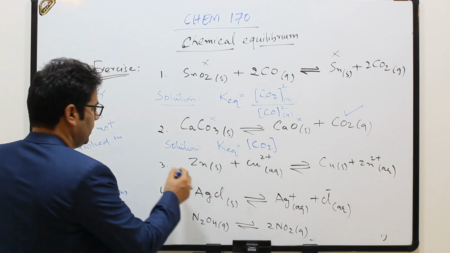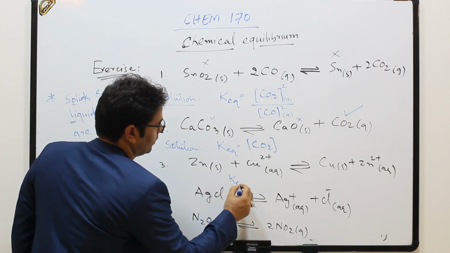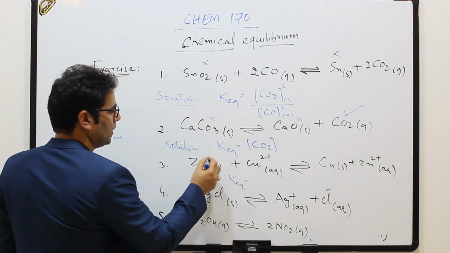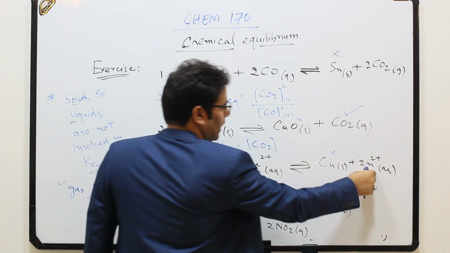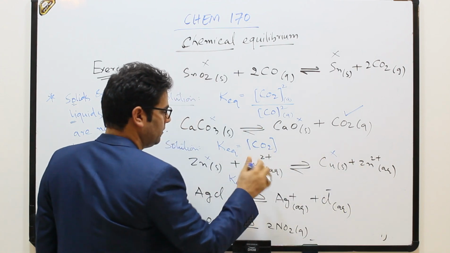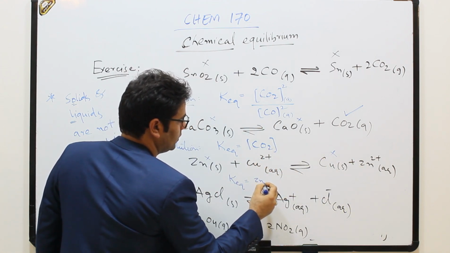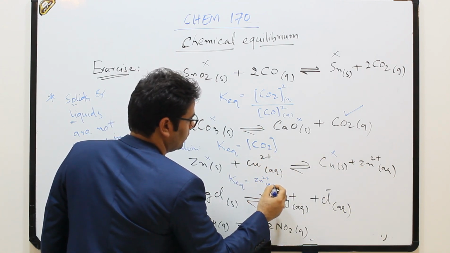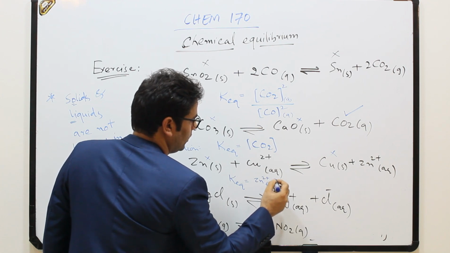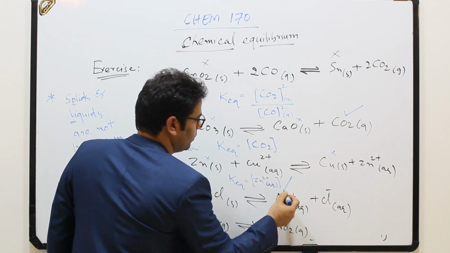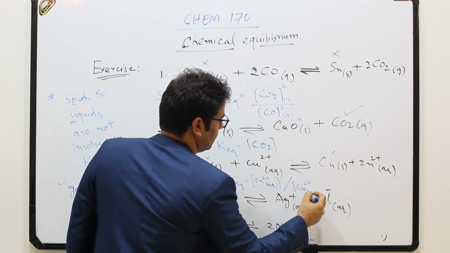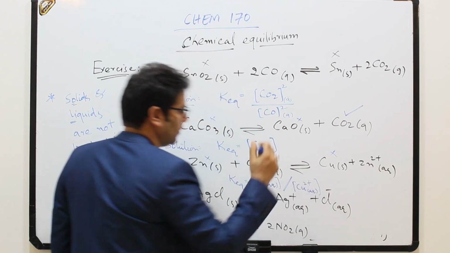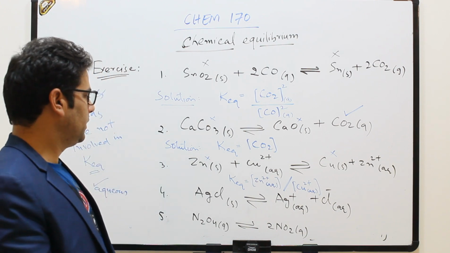Similarly, now if I solve this one, K equilibrium: this is solid, not involved, this is solid, not involved, only aqueous. So product divided by reactant. The product is zinc 2 positive, aqueous, divided by copper 2 positive, aqueous. This is the expression.